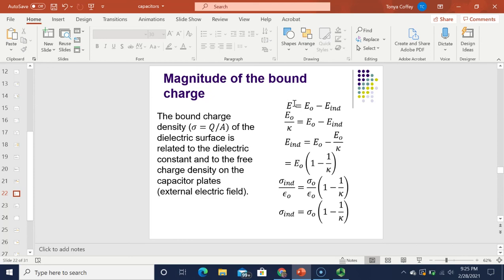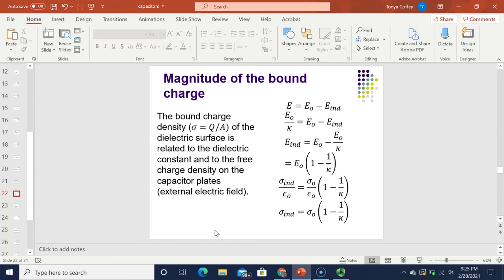Now, this total electric field E here, we've already said that that's E naught over kappa. Okay, we already said that it was reduced by a factor of kappa. So here we have E naught over kappa is equal to E naught minus E induced. So we can solve for our induced electric field, right? Our induced electric field is E naught minus E naught over kappa. Simplifying, it's E naught times 1 minus 1 over kappa.